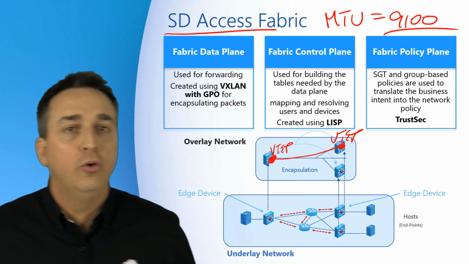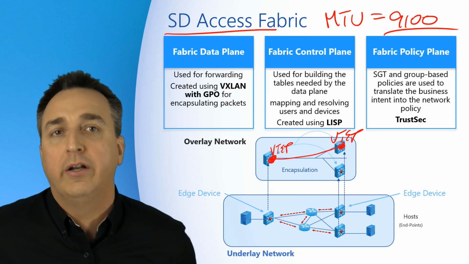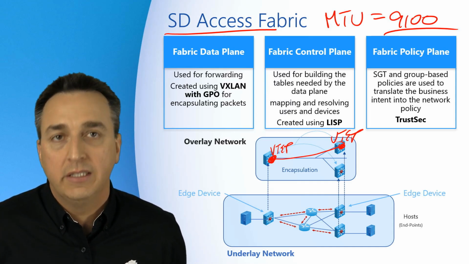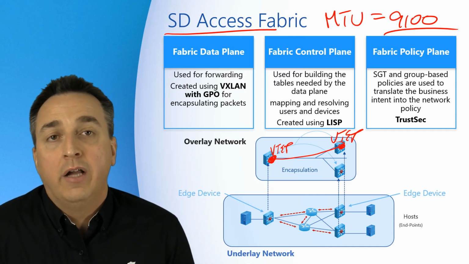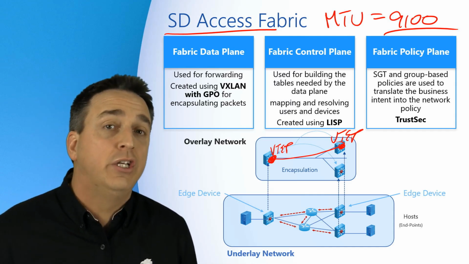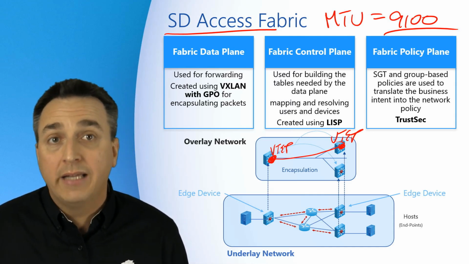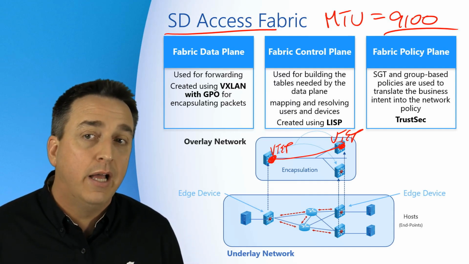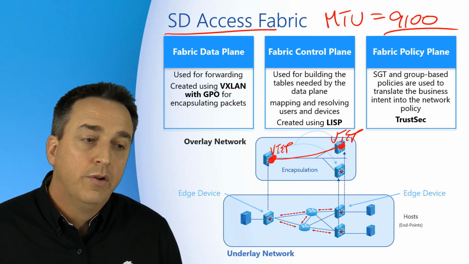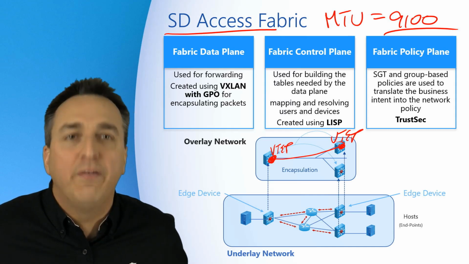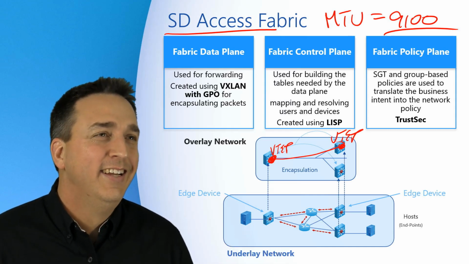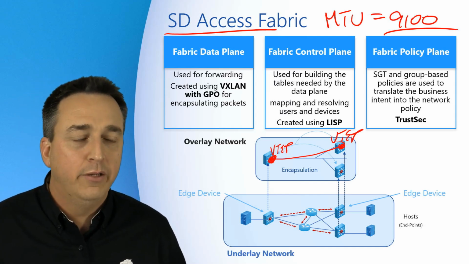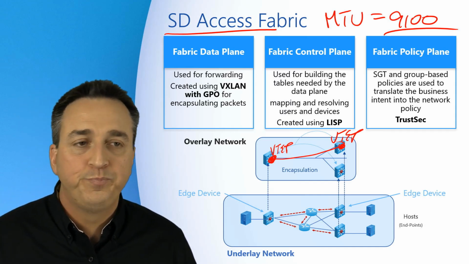So you could configure every single interface on your SD access supported devices to an MTU of 9100 and even have your end stations build packets that are 9100 in size, maximum of 9100, give or take. Because if you exceeded 9100, you'd have to do fragmentation, which is not allowed anyways. We wouldn't want fragmentation anyways.